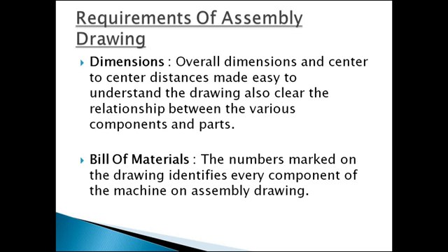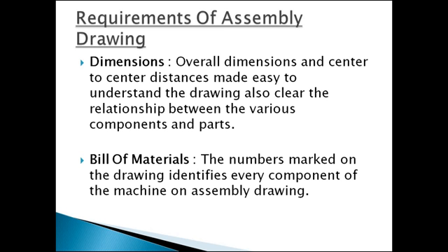So in a bill of material, friends, the first column is serial numbers, meaning how many components, like 1 to 8. Then the name of the component, whether it is a pulley, a main block, a center block, a gear, or a pump.